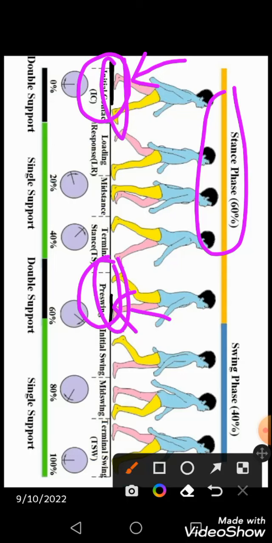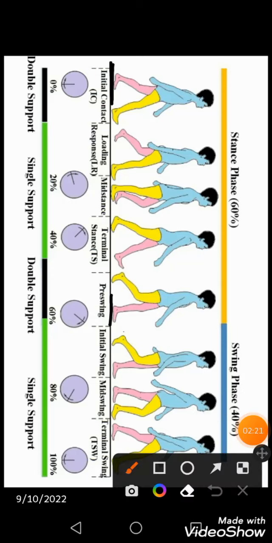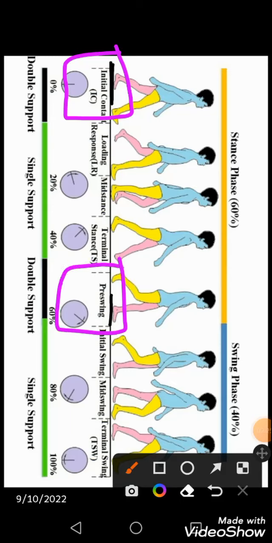Weight is being transferred from one side of the body or one foot to the other side of the body. So we should emphasize the importance of double support. What does it mean? The double support means that both your feet are in contact with the ground. So that is the 10% part of your stance phase, this one and this one, showing the double support.